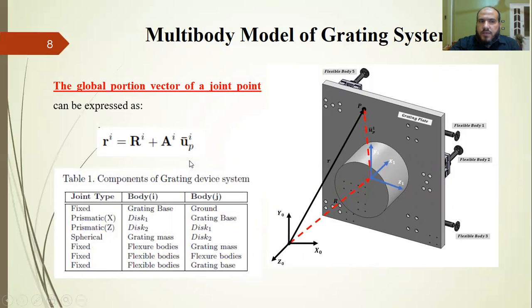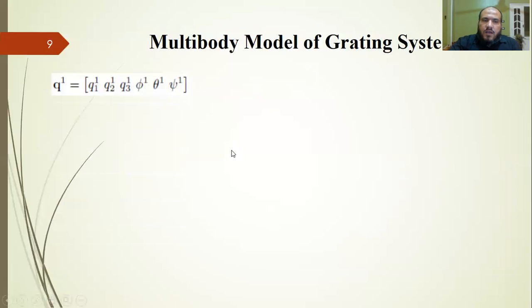The system can be analyzed as follows. We have about 14 bodies joined to each other by different types of joints. As an example, the fixed base is joined to the ground with a fixed joint.